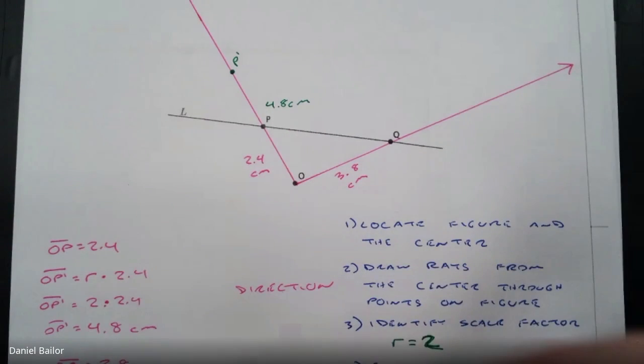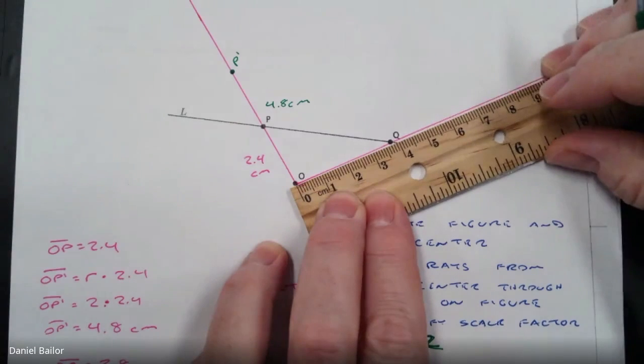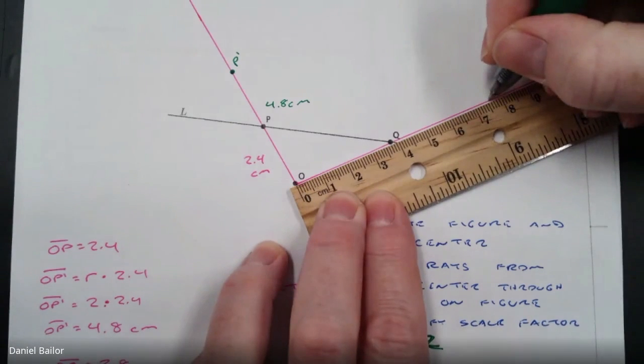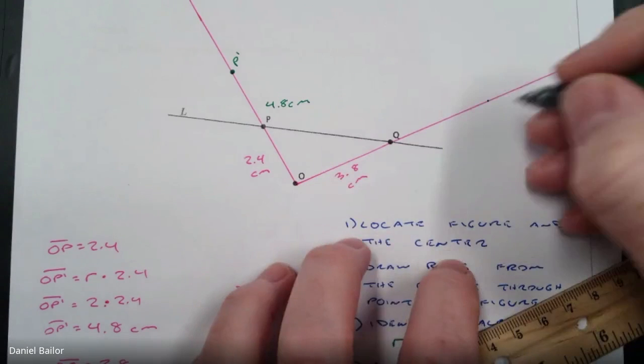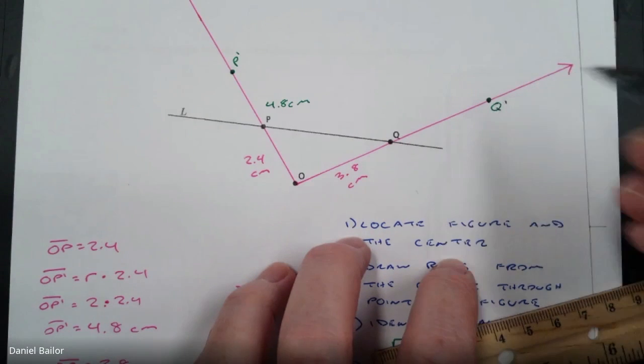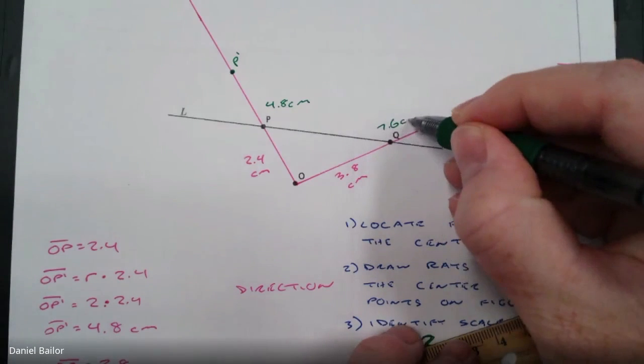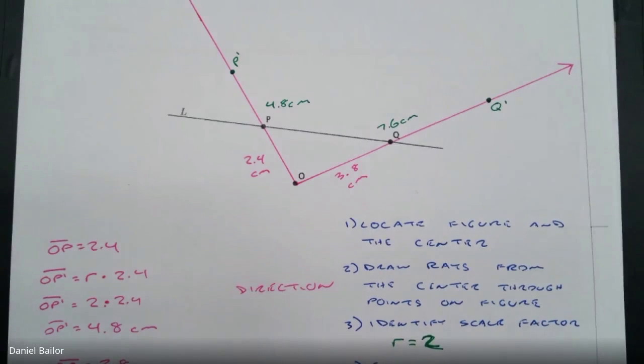Now, instead of stopping at 3.8, I'm going to keep going to 7.6 right here. And that is Q prime. And Q prime is 7.6 centimeters away.